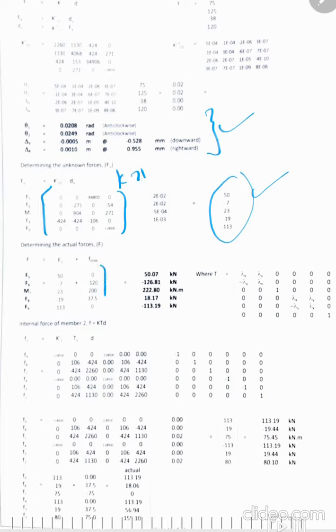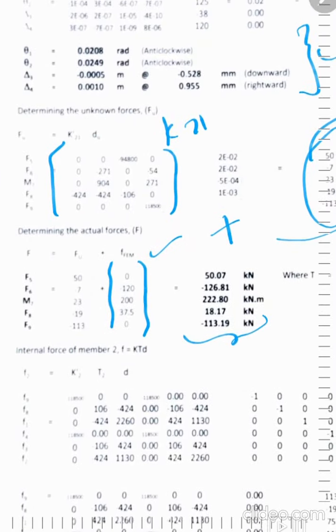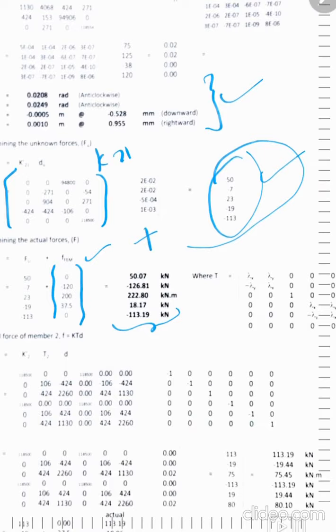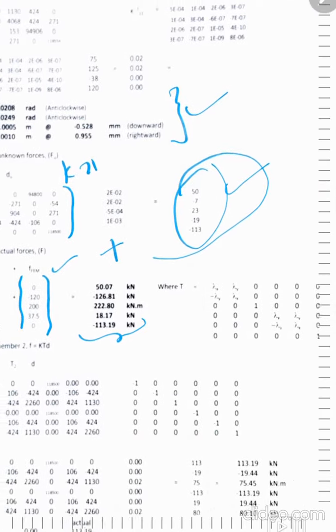This is the value of the fixed end moment matrix, plus this one. Okay, you will get these values. Using these values you can draw the shear and bending moment.